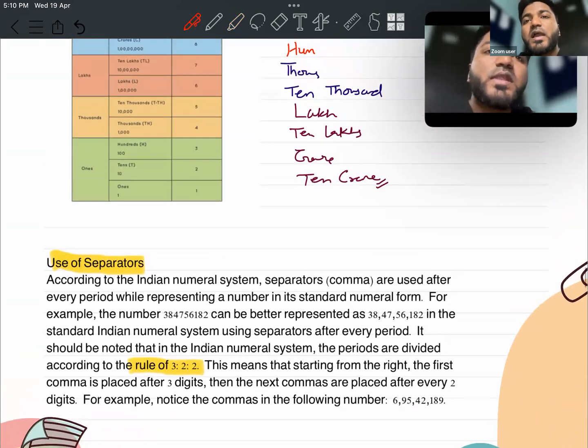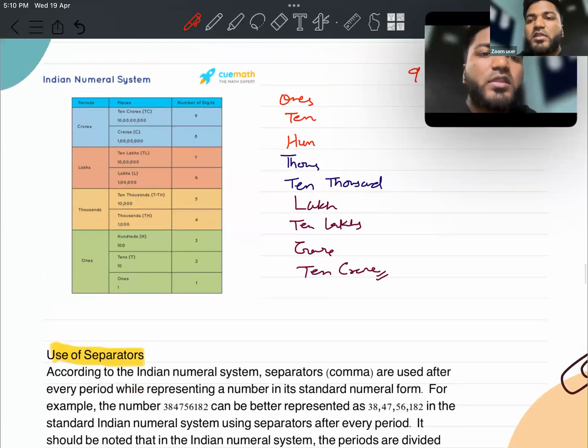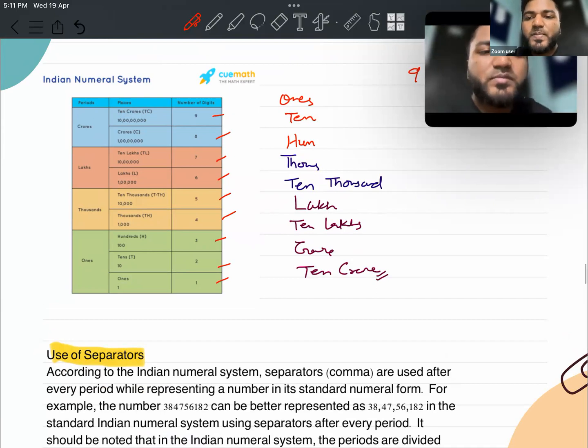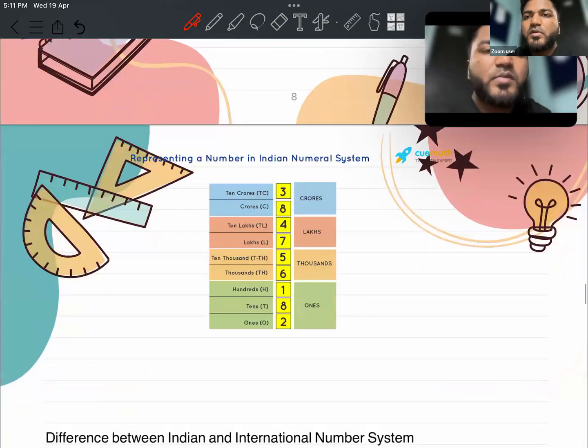Then you will have to refer to the international system, because here you have only up to 9 places: one, two, three, four, five, six, 7, 8, 9. More than that, you will need millions and billions, which you will see in the international numeral system. Okay, thanks.